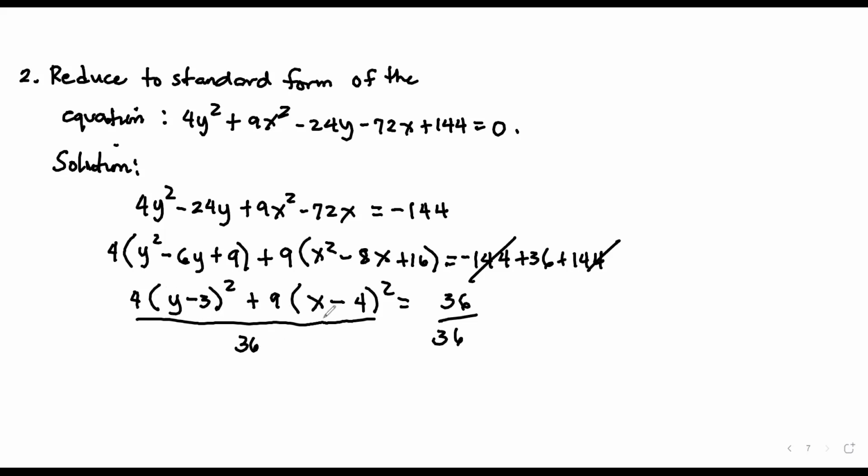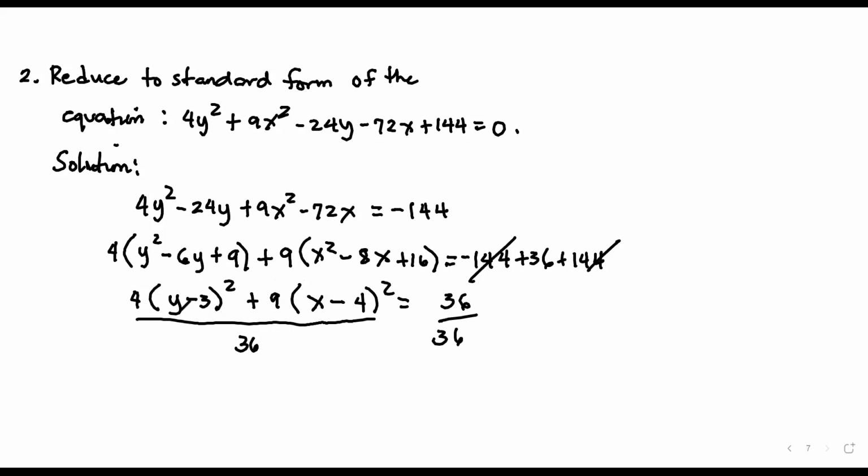Okay. Next, so we divide both sides by 36. Be careful. Itong 36 na to, binomial to class. I mean, we have binomial, two terms. 4 times the square of y minus 3 over 36 plus 9 times the square of x minus 4 over 36. Huwag niyong kalimutan.